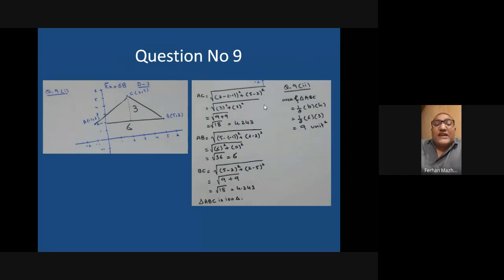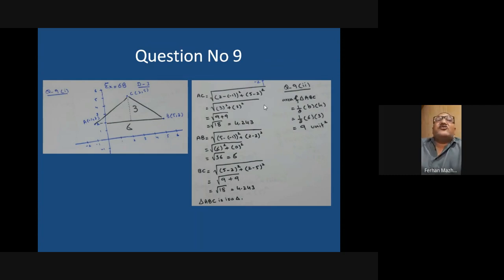If you want to prove that these are the isosceles triangles, they have two sides equal to each other and the third side is different in length. So we will first of all find the length of the sides. I will find the length of the AC. You can see that I applied the distance formula on the side AC and we found that the length is 4.243.